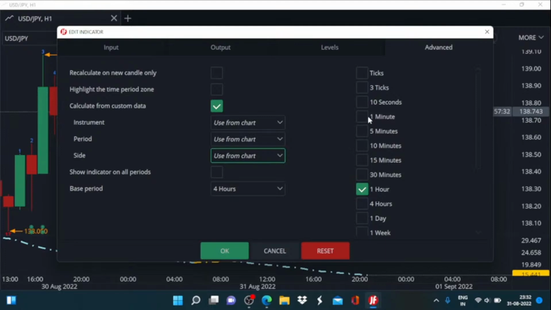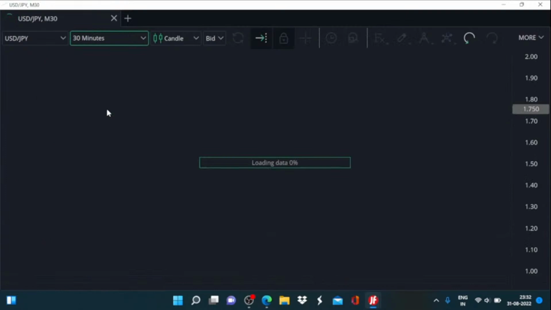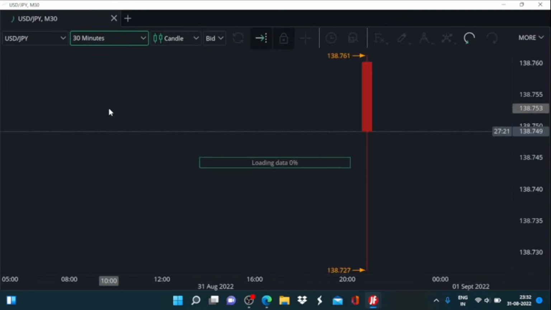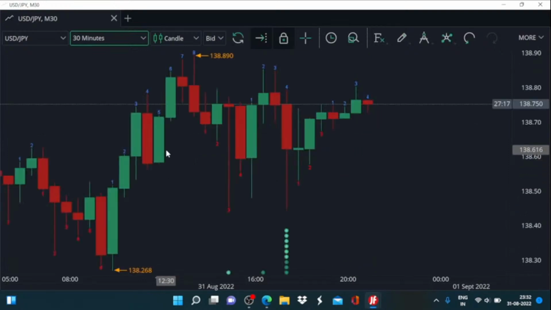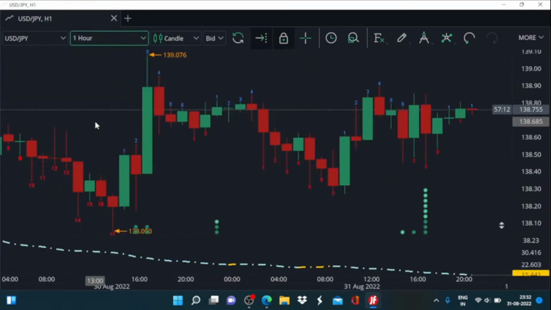And on other candle periods, there won't be any plotting of the ADXR. Now it is only available on the hourly time frame. If I change it to say 30 minutes, for example, then there won't be any plotting of the ADXR indicator. So here we don't really have any ADXR plotted.